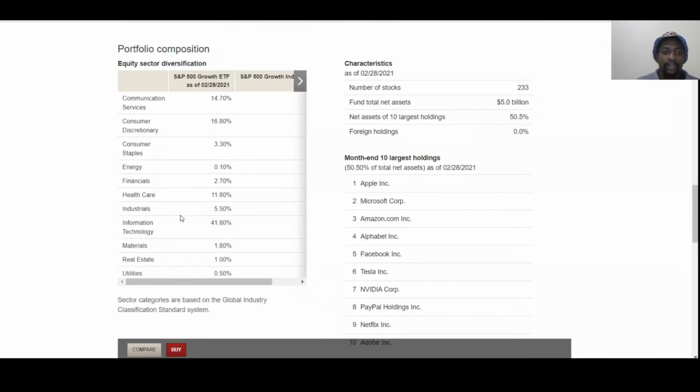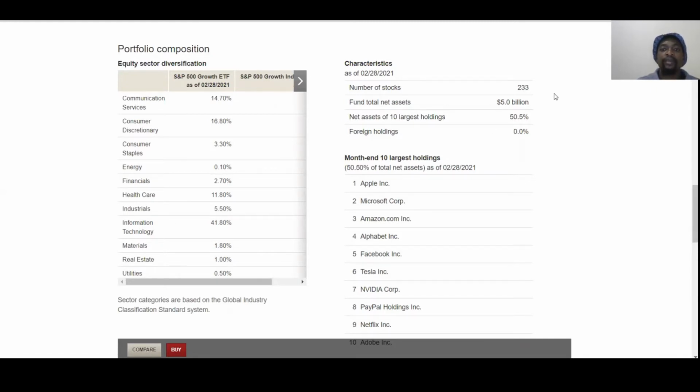We're not going to talk about our opinion on each sector, but from this we can see that this ETF has a lot of IT in it, and then there's a bit of consumer discretionary, healthcare, and industrials, but energy and utilities are the lowest holdings here.